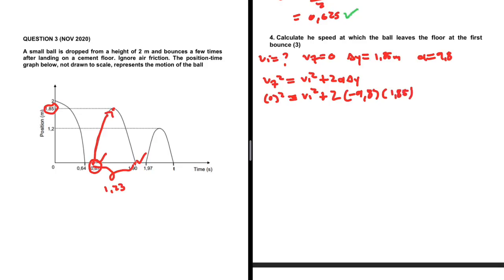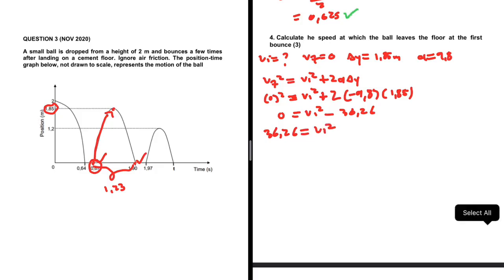So 0 squared, that is 0 obviously. So we're going to have 0 equals VI squared. What is 2 multiplied by minus 9.8 multiplied by 1.85? That is minus 36.26. So we have 36.26 equals VI squared.